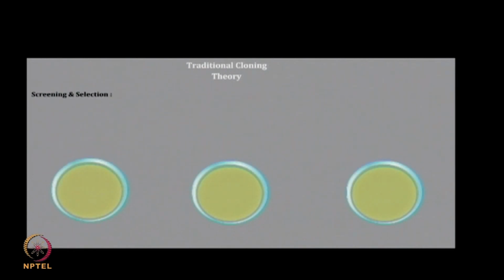After transformation, you need to select the right clone. The cells are grown on a suitable medium which contains specific antibiotics that allow only certain bacterial cells to grow.